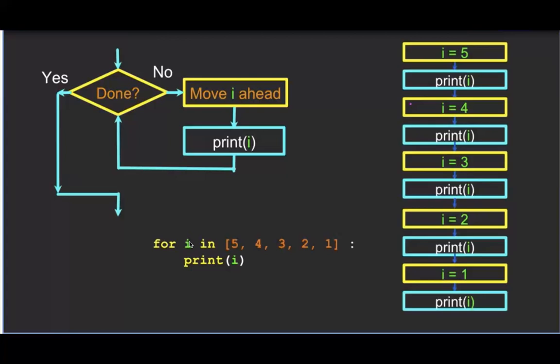This i is a variable, and the variable which comes after for is an iteration variable. If some of us have studied mathematics, we would know what iteration means. Iteration means that if something happens, it goes back and there's a loop. It goes in a loop, and if the condition still holds, it keeps on happening. And when the task is done, it comes out of the loop. So i is the iteration variable.